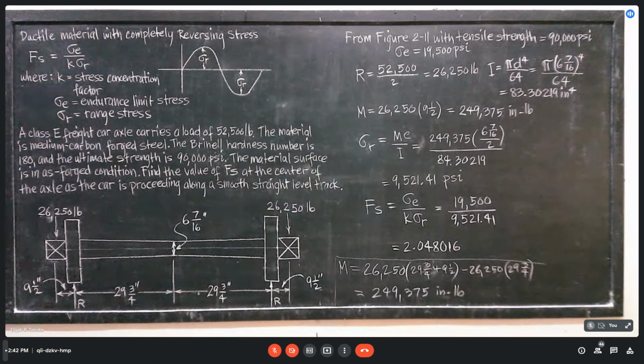That is for the endurance or the fatigue stress. So that is in your material. The range stress is actually the stress that is being experienced because of the load. Your endurance, we will look for it in the figure, given the ultimate or the tensile strength.